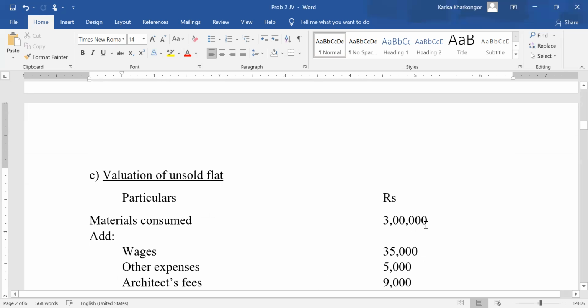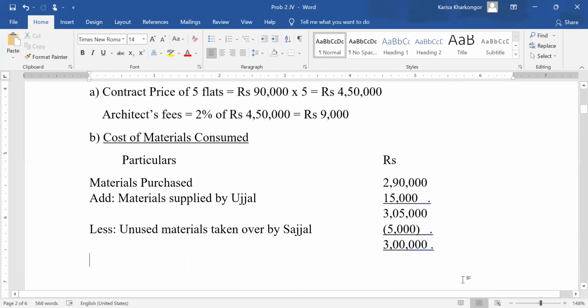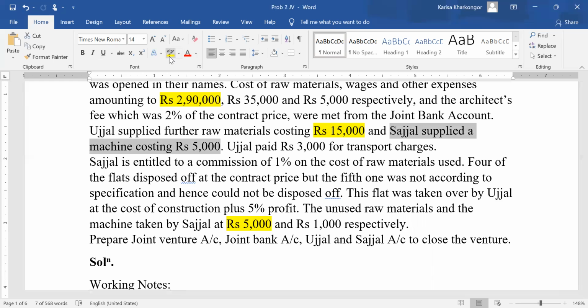So first we enter materials consumed, the one we have calculated, which comes to rupees 3 lakhs. To this, we add wages of 35,000, other expenses of rupees 5,000, architect's fee of rupees 9,000, depreciation rupees 4,000. In the question, it is given that Sajal supplied a machine costing 5,000.